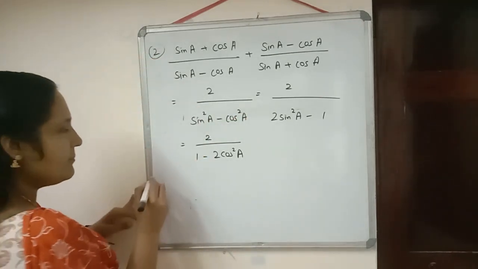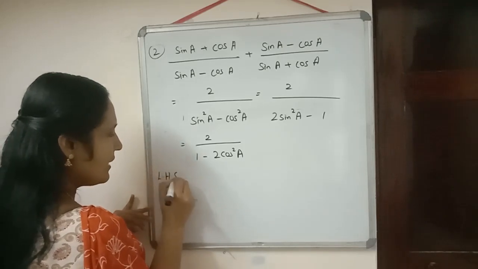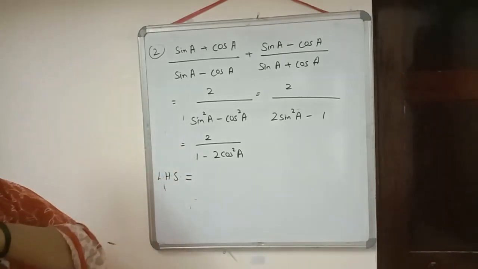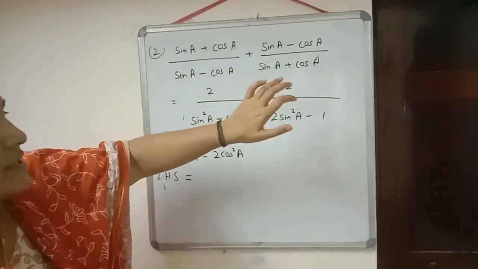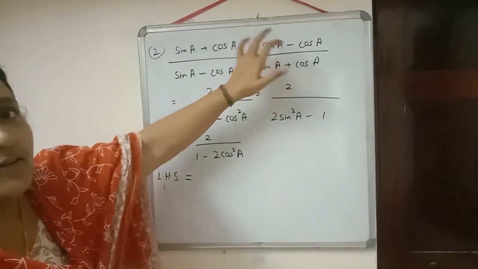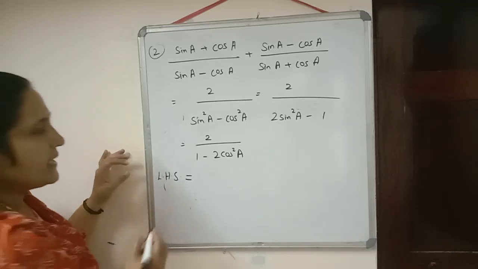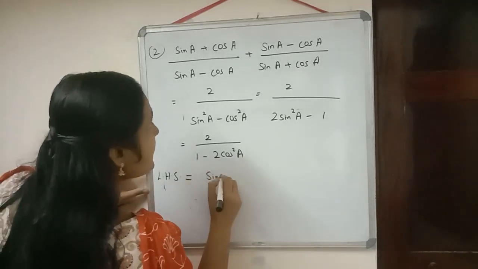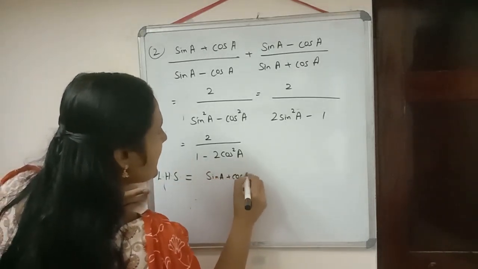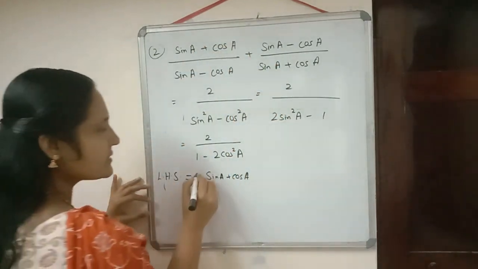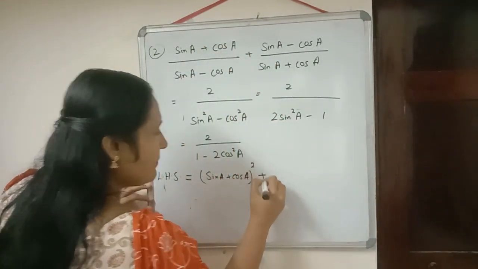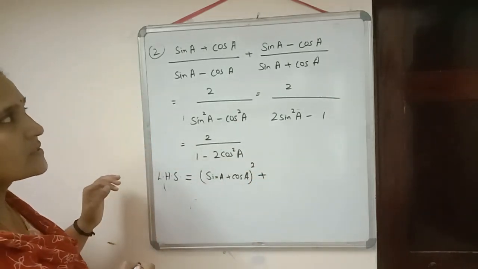So first we can simplify and we will check what our left hand side will come. Okay, what we can do in left hand side, we have in terms of fraction. So the only option is we can do cross multiplication. So when we will do the cross multiplication, it will be equal to (sin A plus cos A) multiplied by (sin A plus cos A). So we can write (sin A plus cos A) the whole square.